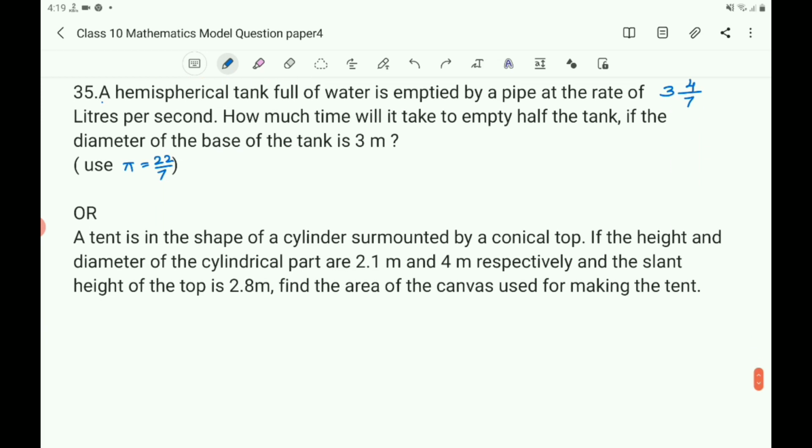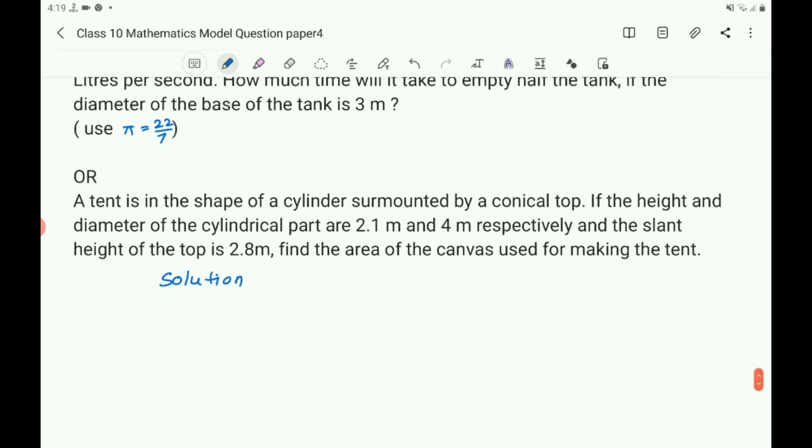So take the solution. The tank is in the shape of a hemisphere. Now let us find the volume of the water in the tank, as the tank is full of water. So use the formula to find the volume of the hemisphere.